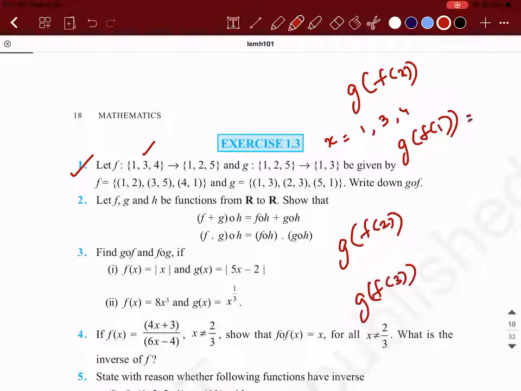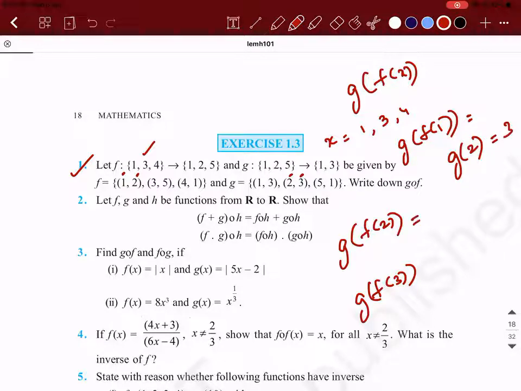This is equal to g of, what is f of 1, guys? 2. f of 1 is 2. Look at the ordered pairs. When you give the input 1 for the function, the output comes as 2. So g of f of 1 is g of 2. But what is g of 2? 3. Is everyone clear? So g of 2 is 3.